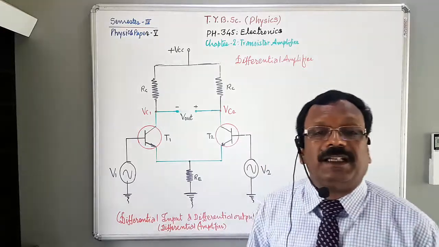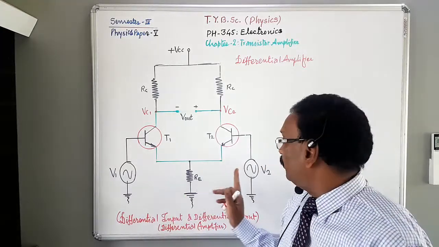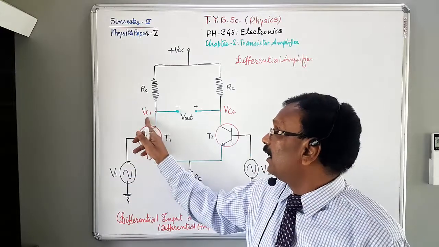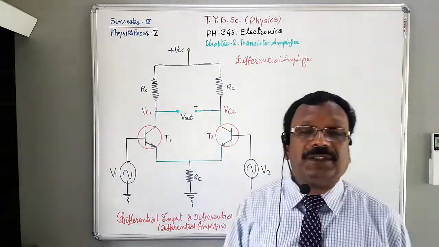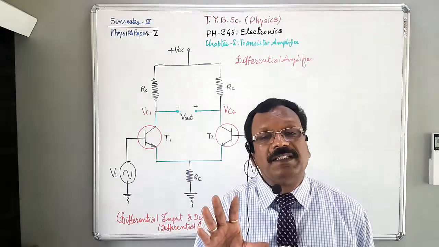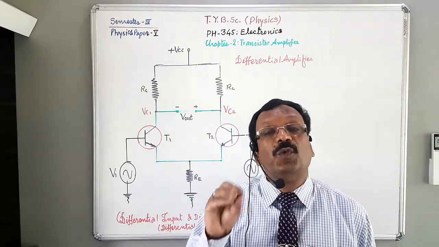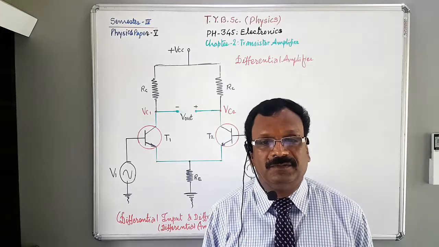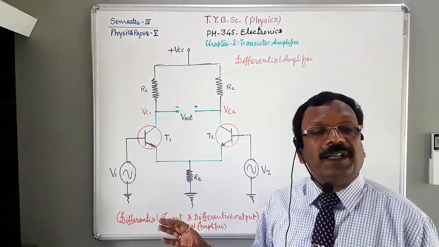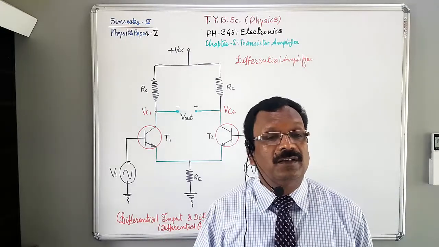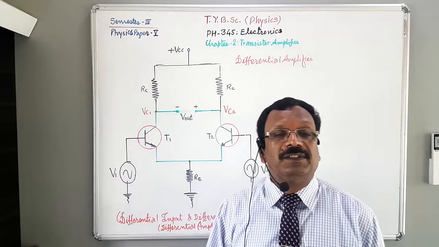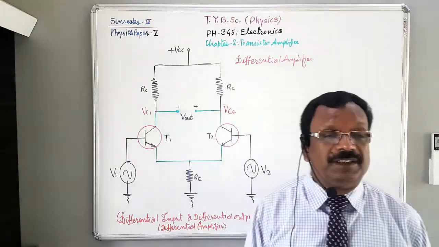Though the circuit has two inputs and two collector voltages, the whole circuit is considered to be one stage, as there are no coupling or bypass capacitors. There is no longer a cutoff frequency.